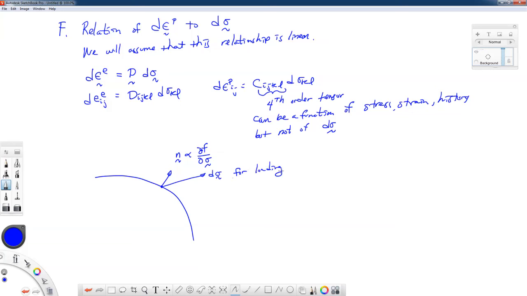However, we can take that d sigma and we can break it up into two parts. We can have a part of this d sigma that is tangent to the yield surface, and we can break up the other part of it, the remainder of it, that is parallel to the n direction.